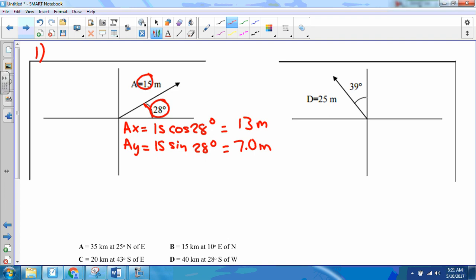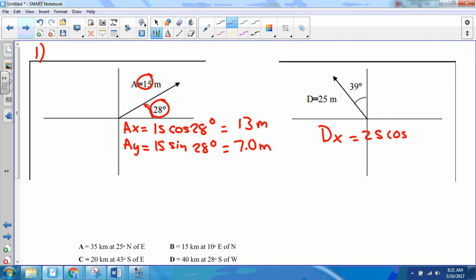So this one we're looking for vector D. Vector D is 25 meters, so dx is equal to 25 cosine, and the angle is the angle between the positive x-axis and the vector. So on the figure they gave us 39 degrees, but that's not from the positive x-axis. So what we have to do is go from the positive x-axis.